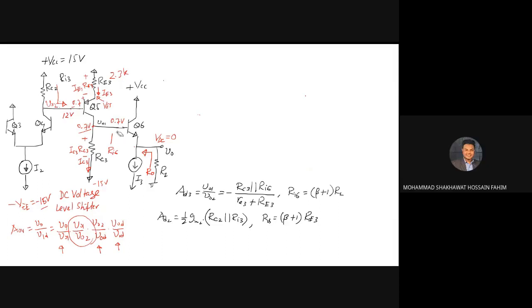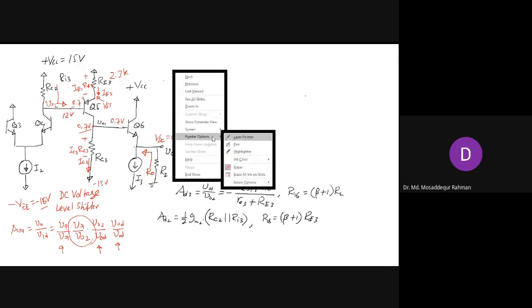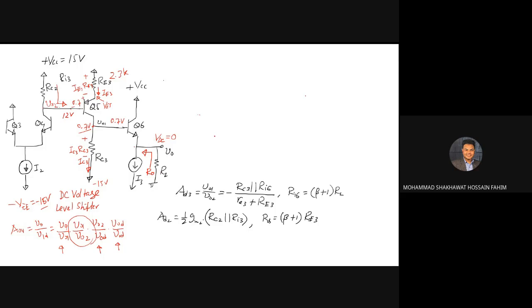Sir, infinite. How will it be infinite? Sir, because of the resistance of the current source. Yeah, that is infinite, okay. But then you make the current source open, right? If you make it open, then still it is connected to something, right? Yes, sir. So shouldn't you consider that? Why not?